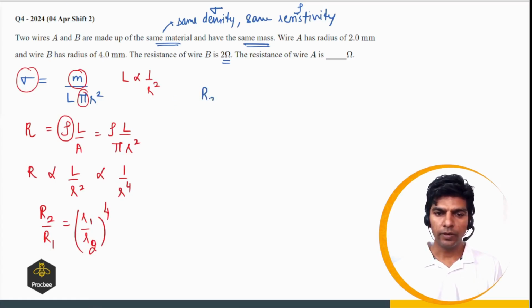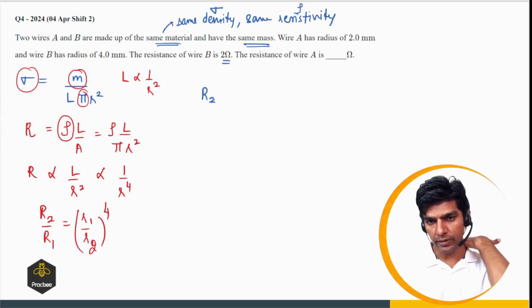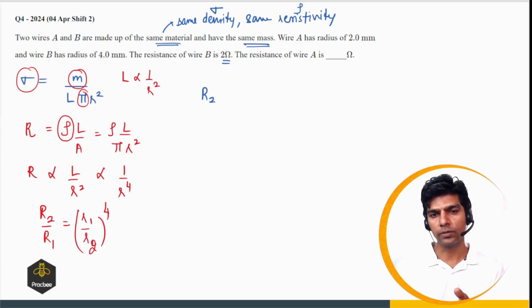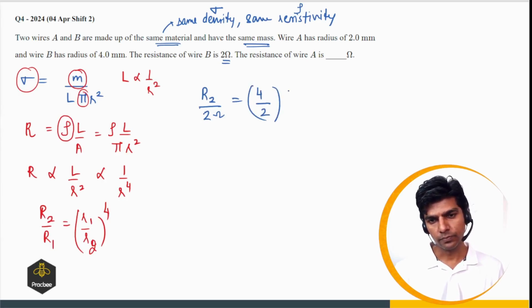We have to find R2, the resistance of wire A now. So let us take 2 for wire A and 1 for wire B. So R2 by R1, where R1 is 2 ohms, which is given in the question, will be equal to r1 for wire B, which is 4, over r2 for wire A, which is 2.